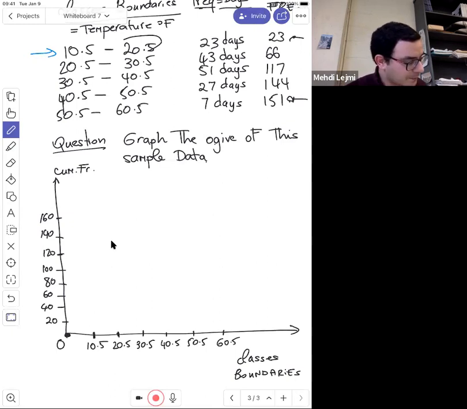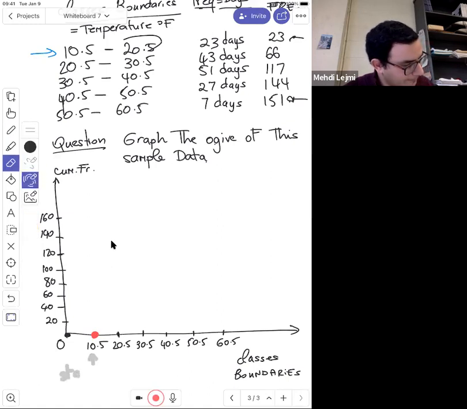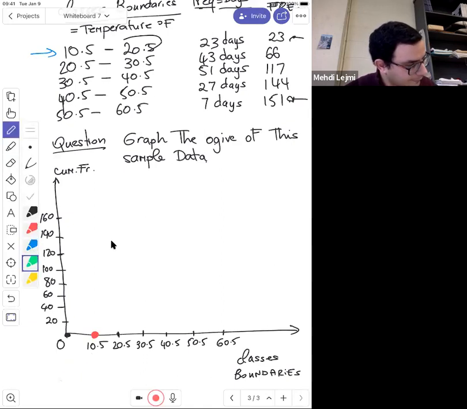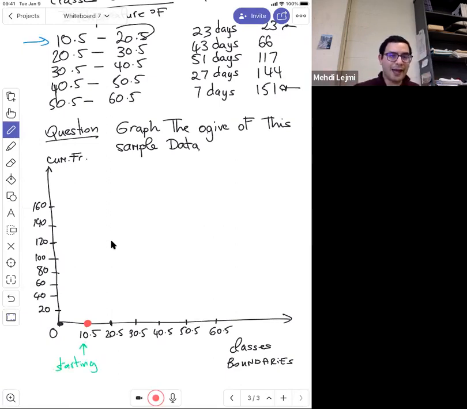All right, so then we said the starting point is always the lower boundary of the first class. This is my starting point. So you always start on the horizontal axis, okay?